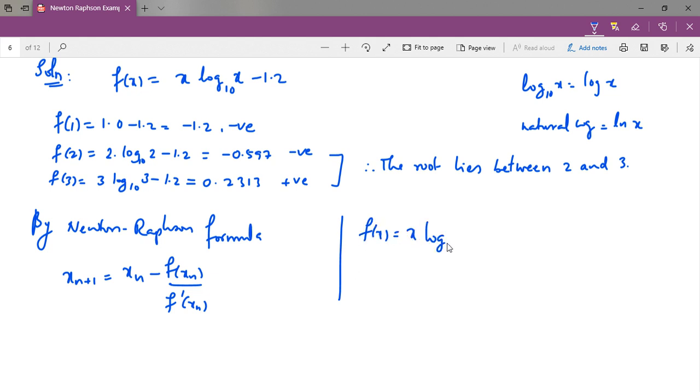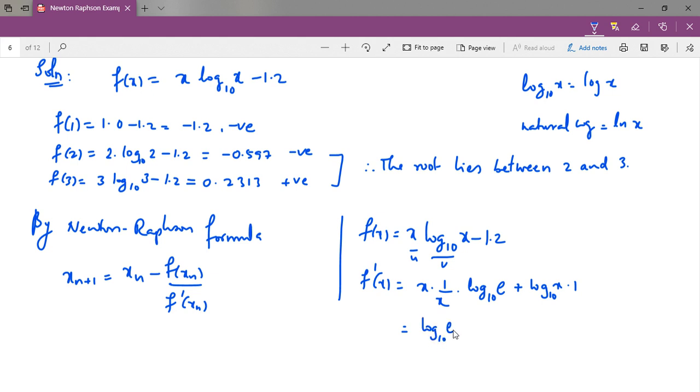F of x is equal to x into log x base 10 minus 1.2. To differentiate this, take this as u and this as v. So u into v dash: log x differentiation is 1 by x into log e base 10, plus log x base 10 as it is into x differentiation, which is 1.